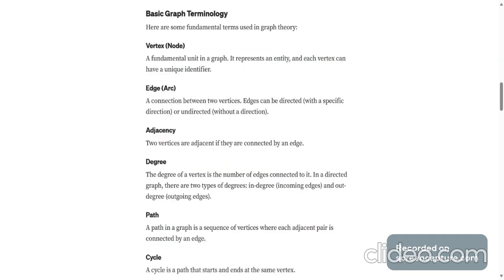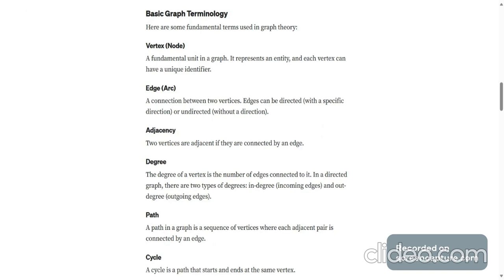Basic graph terminology. Here are some fundamental terms used in graph theory. Vertex, or node. A fundamental unit in a graph. It represents an entity. Each vertex can have a unique identifier.